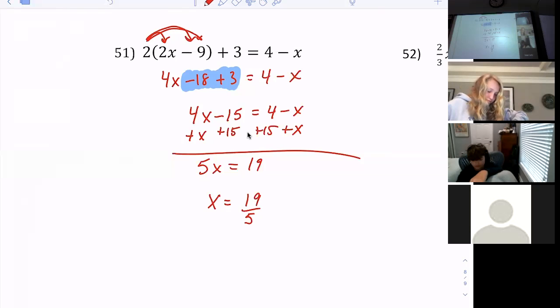Eighth graders are better than seventh graders in most cases. Some of you were going backwards. I understand that. Eighth is better than seventh because you're supposed to be a little bit more mature. Some of you haven't got quite there yet, but you're working on it. And I'm going to have to correct you.